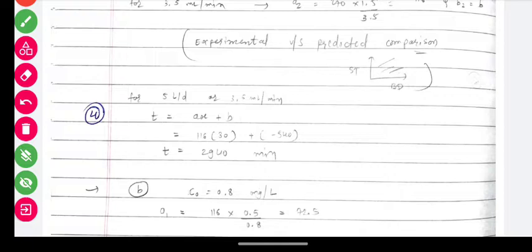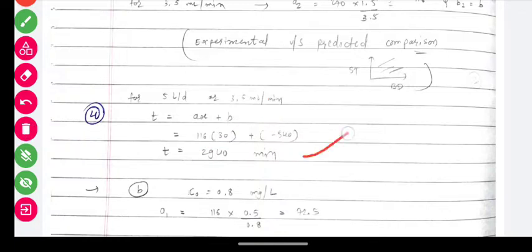And the fourth step is, because we know A and B, we are required to calculate for 5 liter per day. 5 liter per day is nothing but 3.5 ml per minute. So for that we just apply this, and for this 3.5 ml per minute flow we have calculated A and B. X we know, this is the depth given in the question.